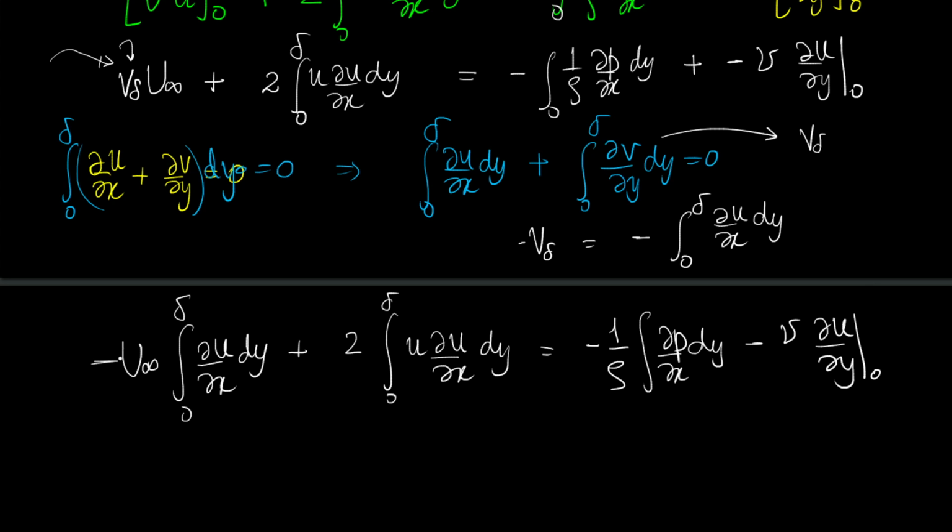Okay, so far we have obtained a great deal of simplifications, and now this particular term is equivalently 1 by rho integral dp dx at dy.